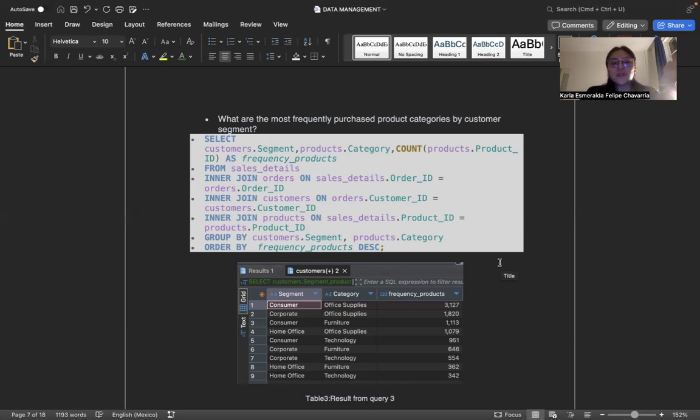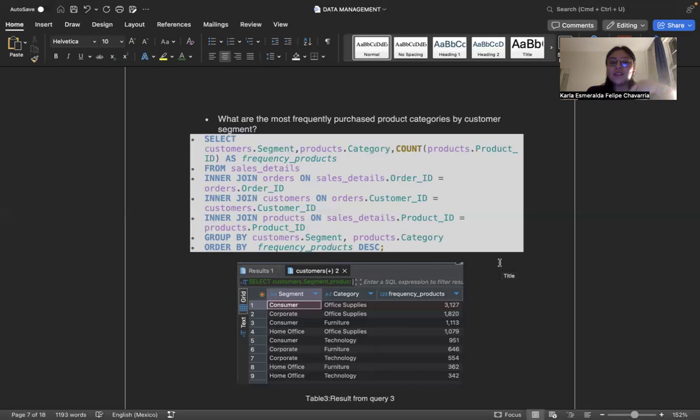So this was the only table that I could use in order to join the products with the customers table. So first I only use these tables. I link that with orders and then made that relationship with the order ID.